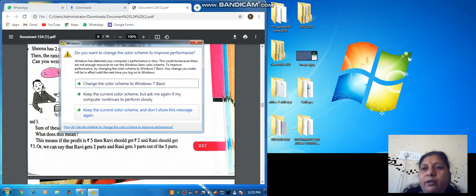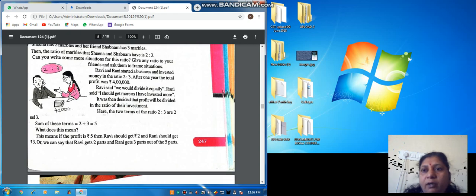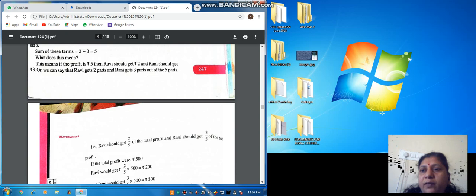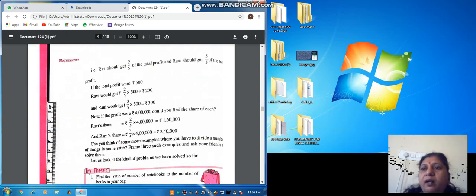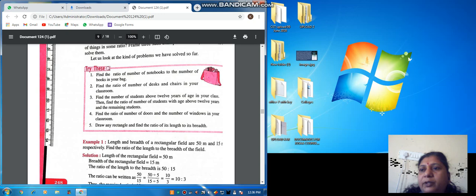That means if 5 rupees is the investment, then Rani has invested 3 rupees. That's why she gets 3 upon 5 multiplied by 4 lakh as profit. And if we want to calculate Ravi's profit, then 2 upon 5 multiplied by 4 lakhs gives Ravi's share. Okay.